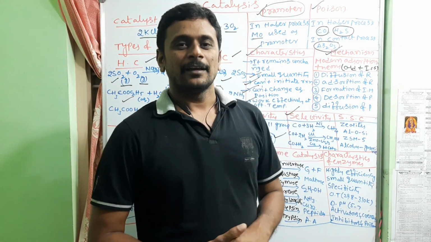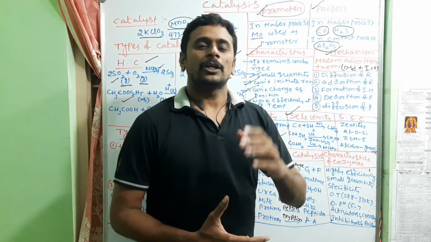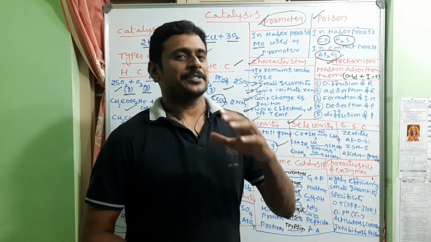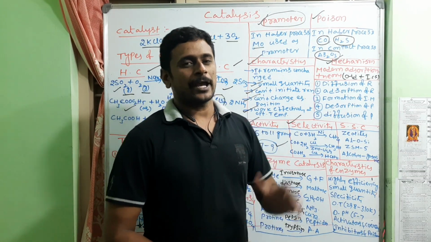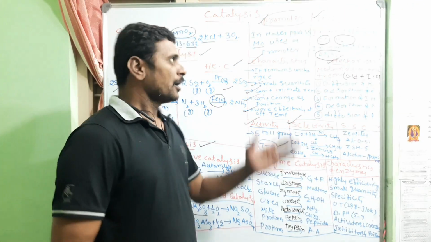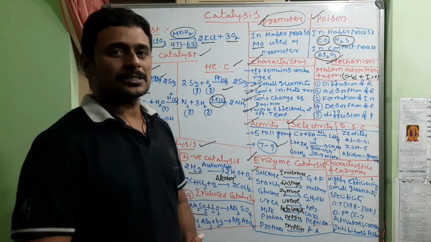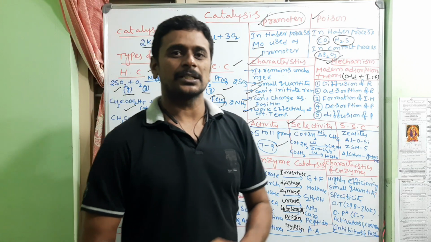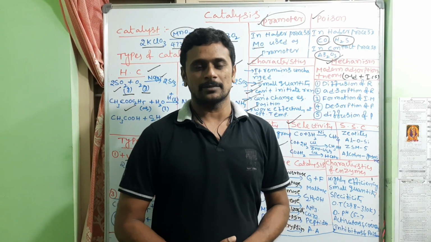Hello students. Welcome back. In the last lecture we discussed the adsorption concept, and now we are going to discuss one more very important topic, the catalysis concept. The catalyst is nothing but the substance which may increase or decrease the speed of a chemical reaction.